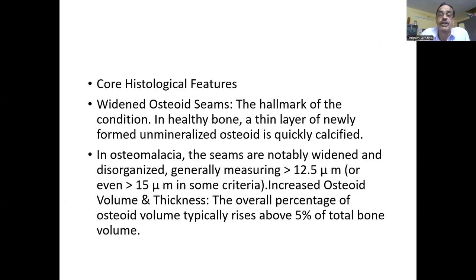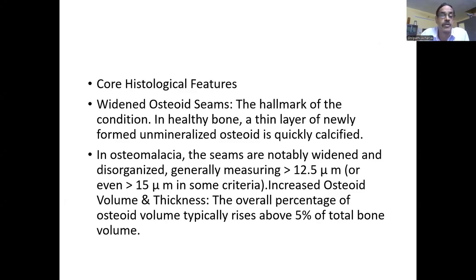In healthy bone, the thin layer of newly formed unmineralized osteoid is quickly calcified. In osteomalacia, the seams are notably widened and disorganized, generally measuring more than 12.5 micron, or more than 15 micrometer in some criteria.